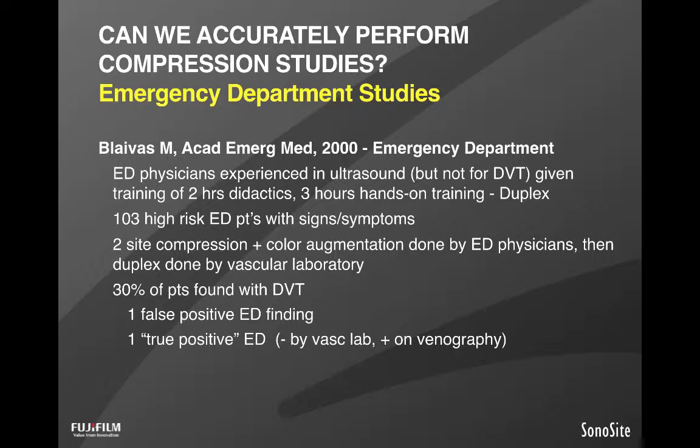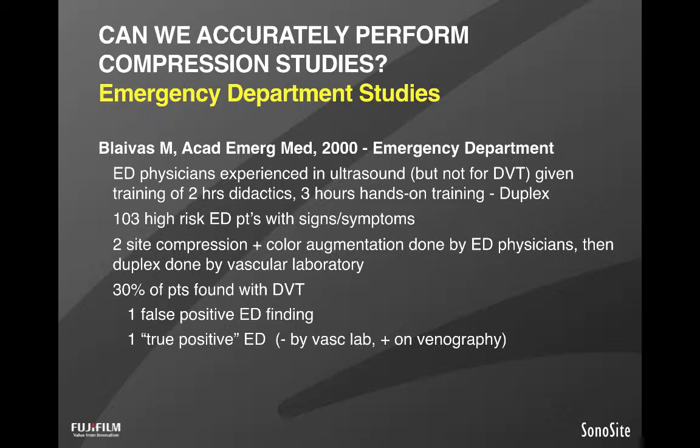So in this Blivus study in 2000 that I mentioned before, physicians who were experienced in ultrasound did about 2 hours of didactics and 3 hours of hands-on training, and they interrogated 103 patients who they suspected of having DVT. Here again they did a 2-site compression, which is to say the proximal femoral region, as well as color augmentation, and then they compared it to a duplex done by the vascular laboratory.